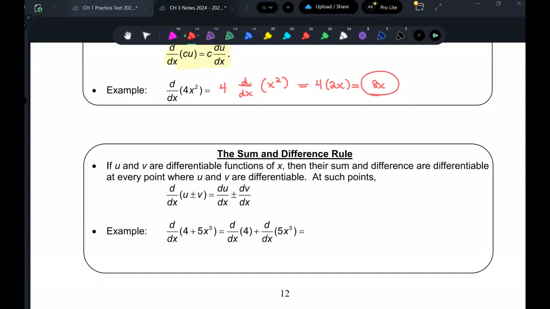Okay, sum and difference. Now, what I want you to remember, once we learn all the shortcuts, I don't want to say don't forget about that limit definition. It will come back from time to time. But all of our derivatives are based on limits. So remember all the rules that apply to limits.